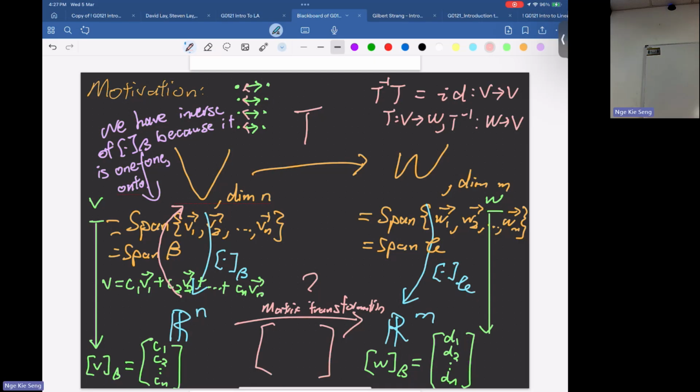So we don't need to remember V1, V2, Vn actually. But if you know how to act on scalars, can you go back to V or not? This is the first question I asked in the class just now. If I give you the coordinate vector, can you go back to your vector? Can, right? You just multiply out your linear combination.